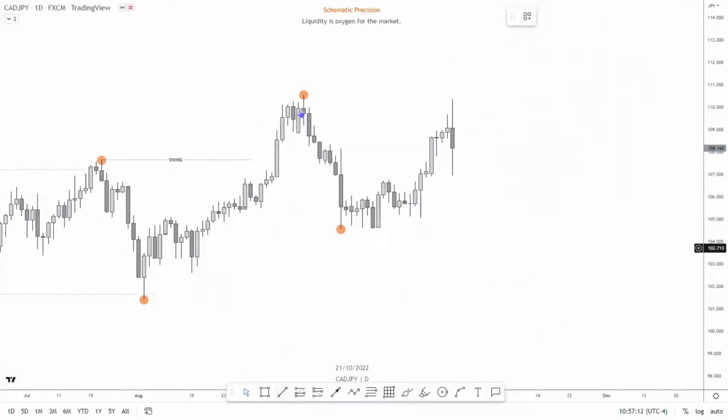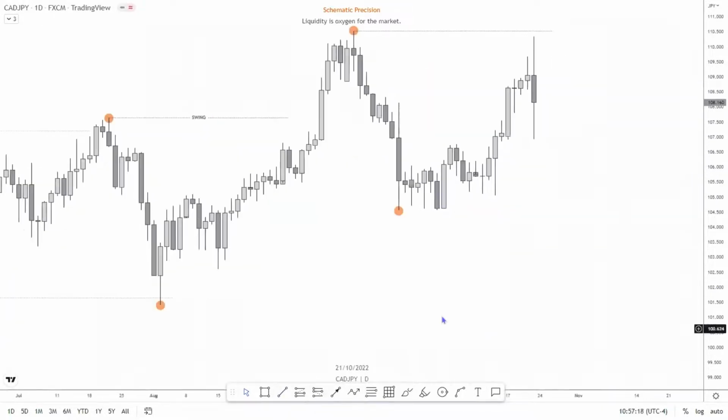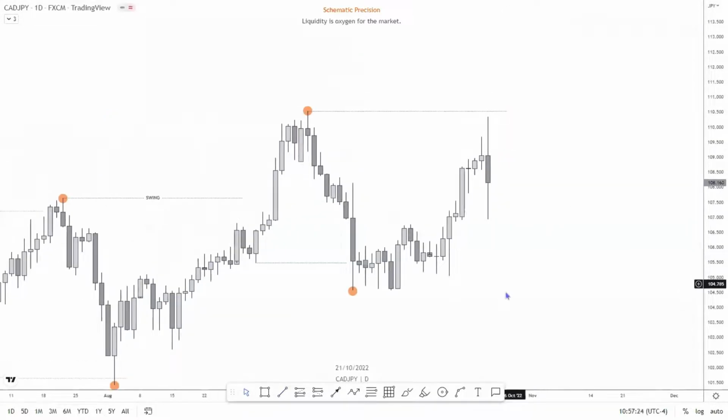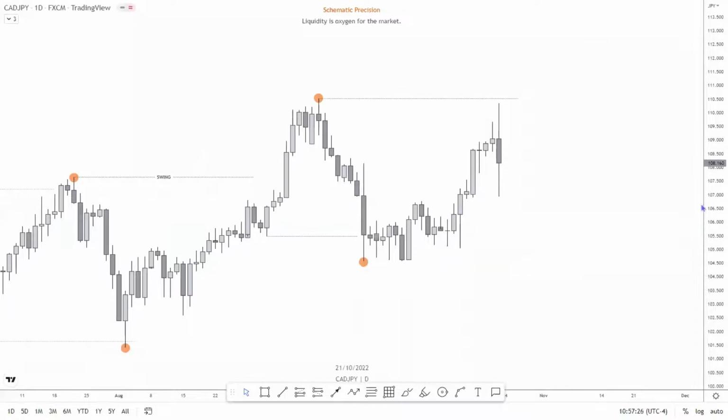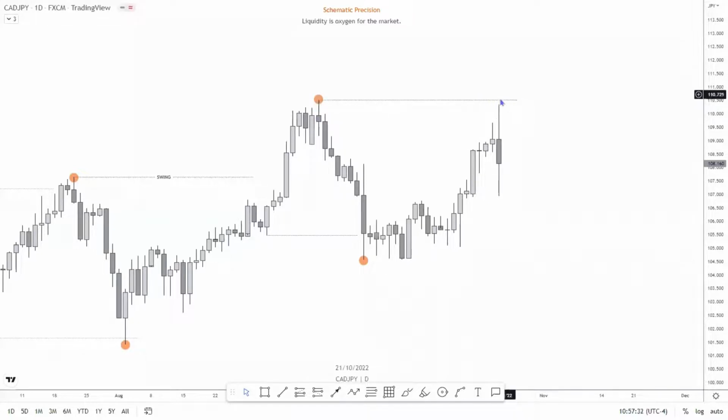and still intact, nothing happened. Price took this liquidity here. Okay, so we are bullish, but what has happened here? Price has not taken this liquidity sweep.